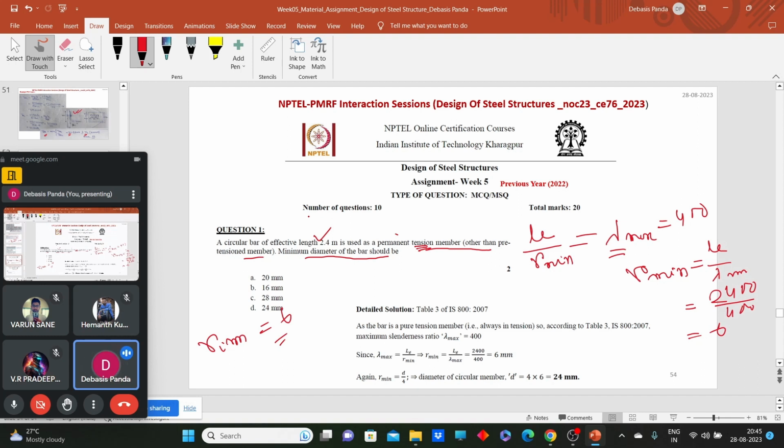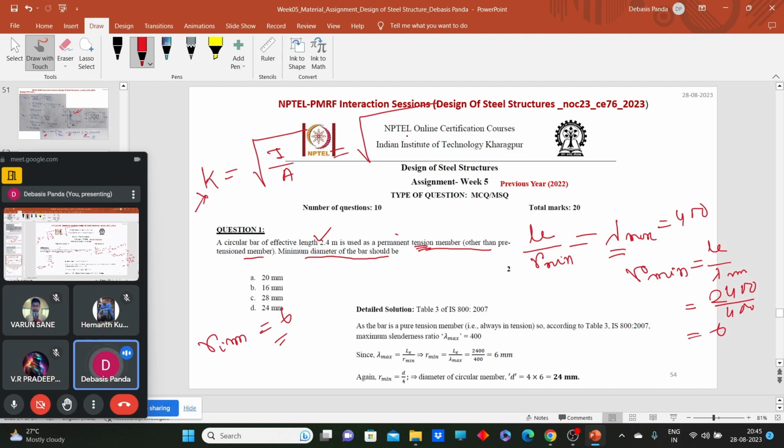That means we can write K equals square root of I upon A. K is nothing but the R minimum, or least radius of gyration.